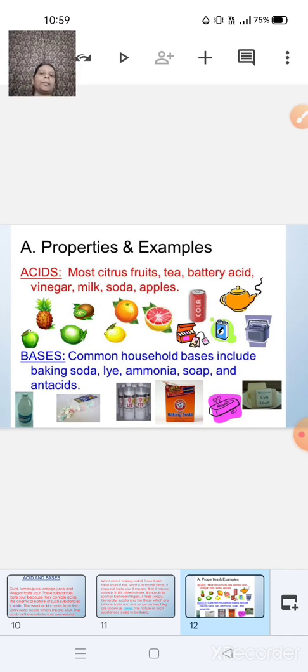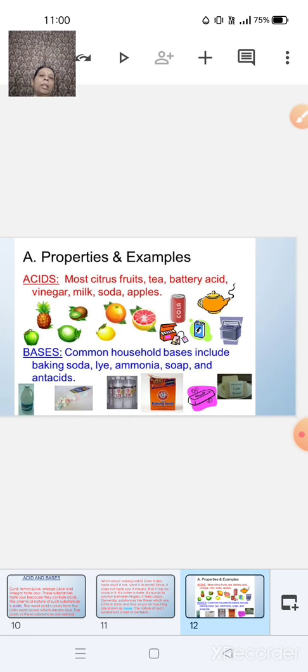Mostly citrus fruits, the battery, vinegar, milk, soda, apple, and many other fruits are categorized under acids, whereas common household bases include baking soda, alumina and soap.